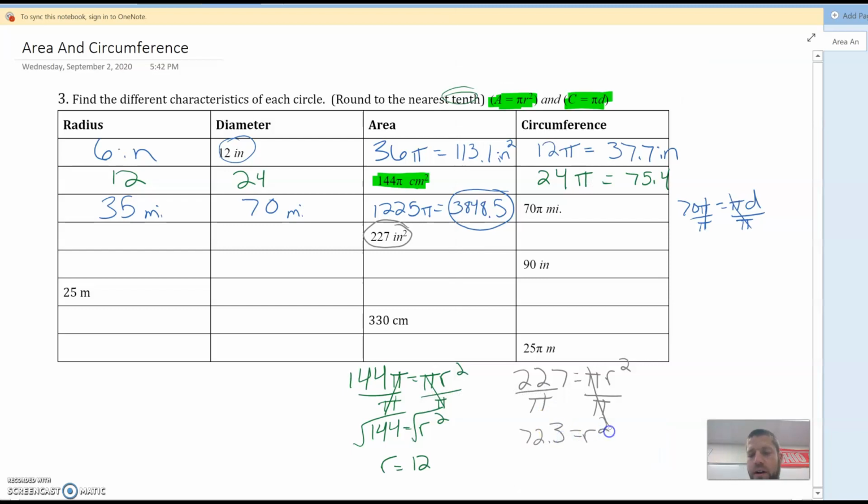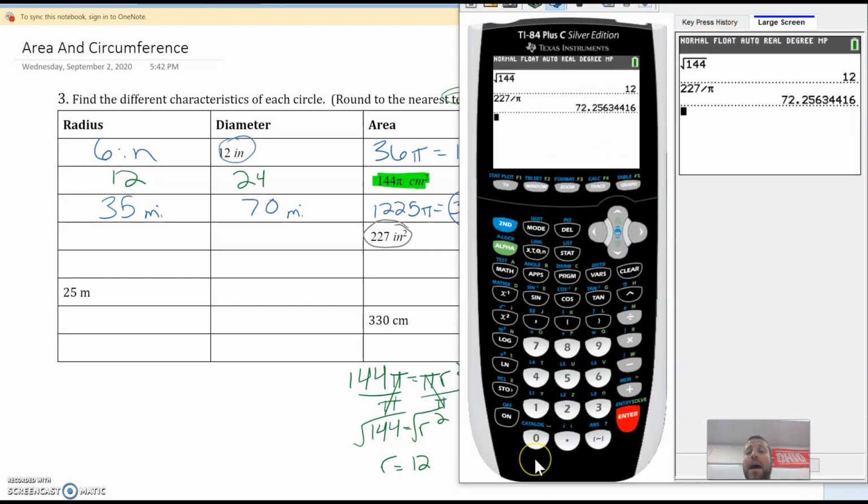equals r squared. And then you can still take the square root. So instead of retyping it back into your calculator, you can go second, square root, and then you can take your previous answer. Therefore, we're not going to be rounding at all. So I can go second, answer, which is this negative button down here in the bottom right. You can always use this. So if you never want to retype this in your calculator, you can do the square root of your answer.